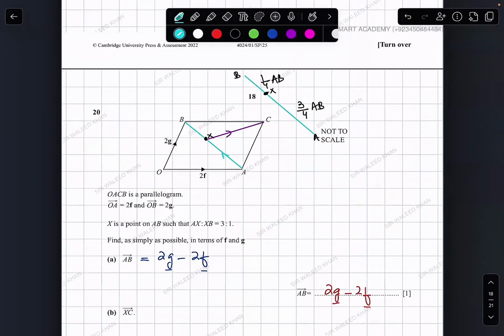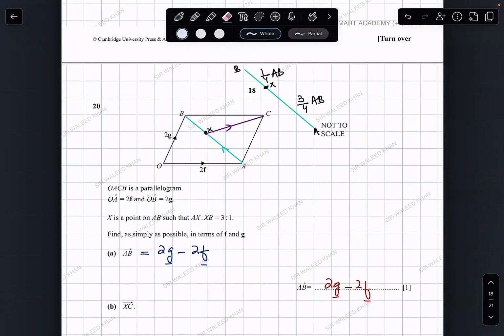They were saying that AX is 3/4 of this value, and XB is 1/4 of this value. So I have the value of AX and XB, and I have the value of BC over there, which is 2F. AC is also given, 2G. It's a parallelogram, same sides.